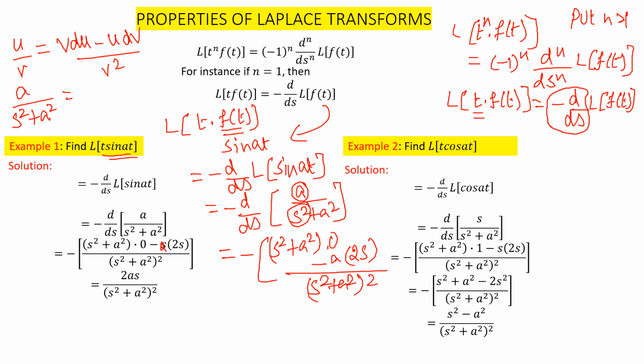By simplifying this, we will get this result, because this is going to be 0 minus and minus plus, and this will be 2as.